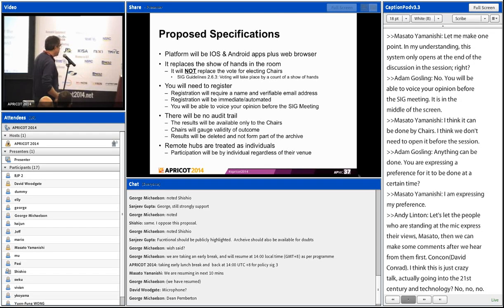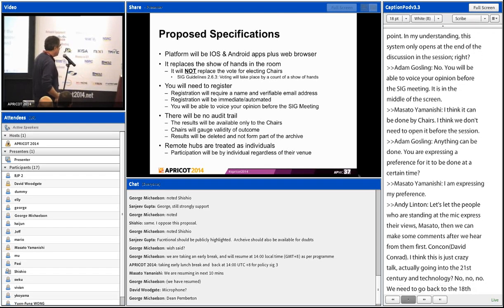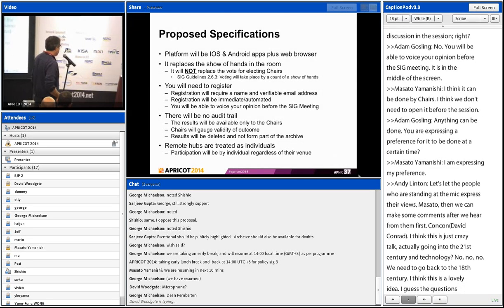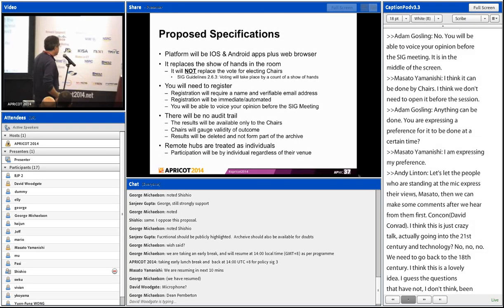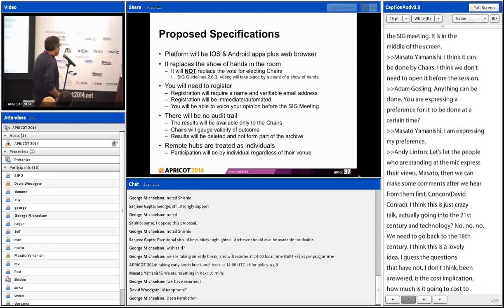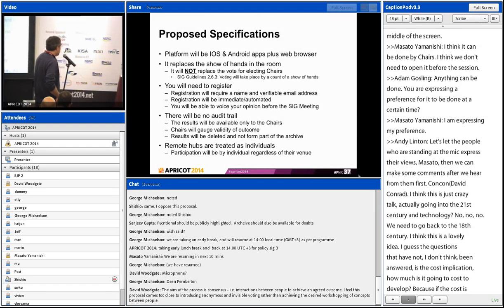I guess the questions that have not, I don't think, been answered is the cost implication. How much is it going to cost to develop? Because if the cost is relatively low, then my God, go forward and just experiment, see how it works.